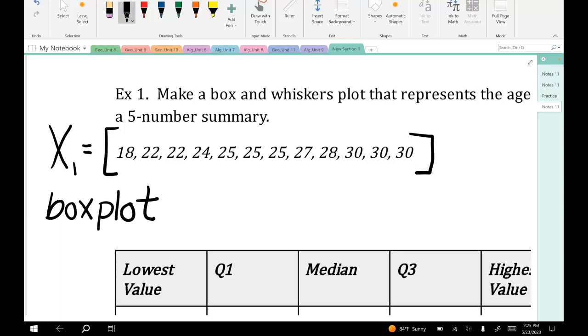Then you put parentheses, and inside the parentheses you type that same capital X with a subscript of 1. And that's going to make a box plot for you.